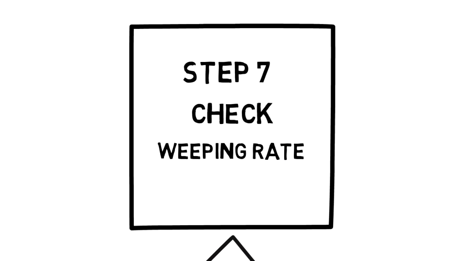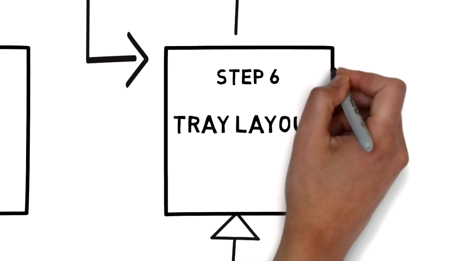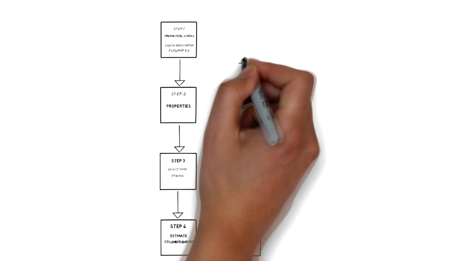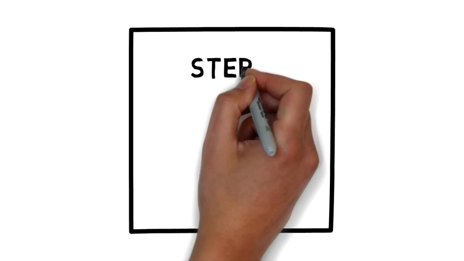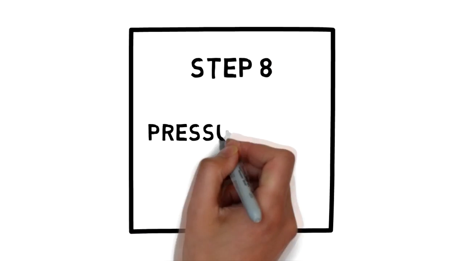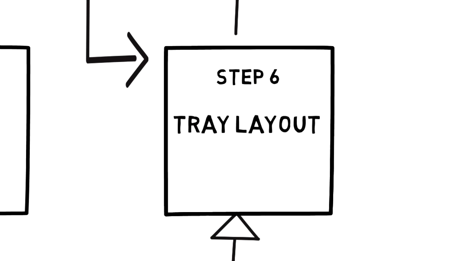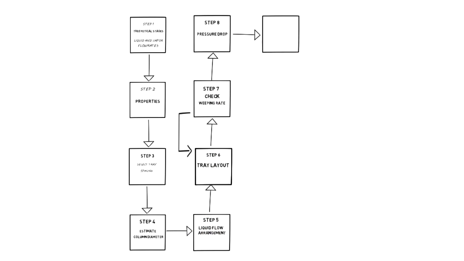If not satisfactory, then we will go back to step number 6 and reselect the tray layout. If satisfactory, then we will go to step number 8, where we will check the plate pressure drop. If it's too high, then return to step number 6. If satisfactory, then we will go now to step number 9.